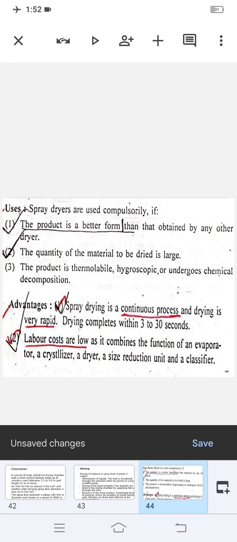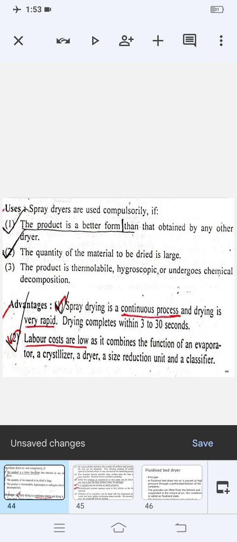Now next, what are the various advantages of a spray dryer? First, spray drying is a continuous process and it is very rapid. The drying process takes place within 3 to 30 seconds in a spray dryer. The labor cost is low as it combines the functions of an evaporator, a crystallizer, a dryer, a size reduction unit and a classifier.